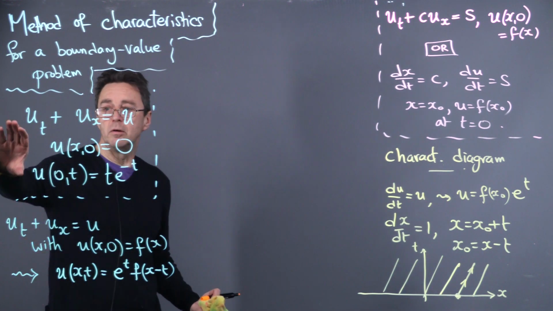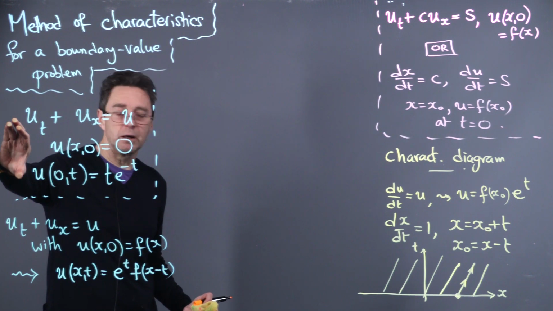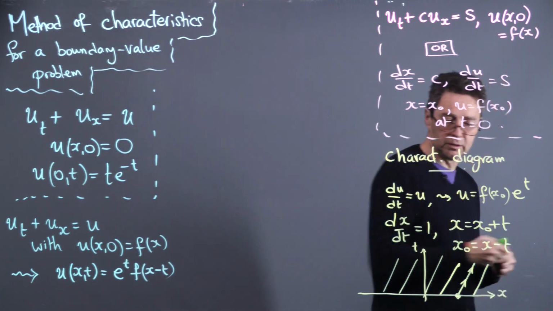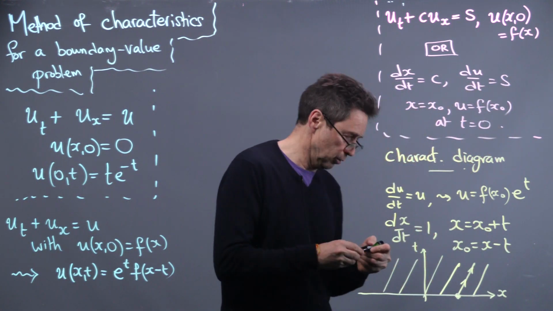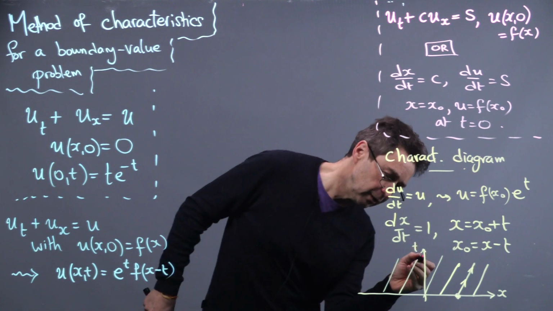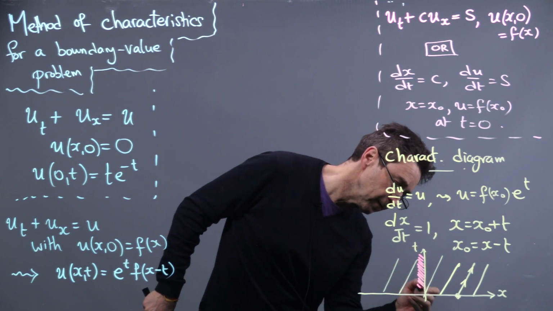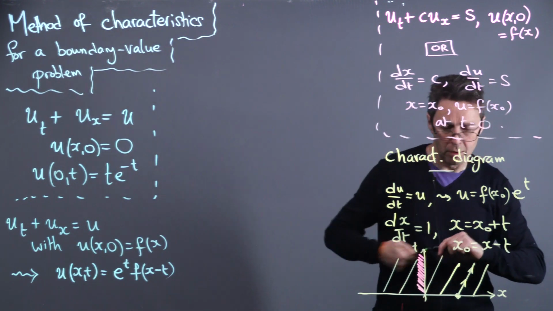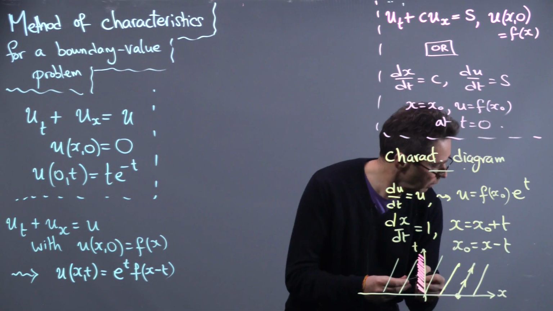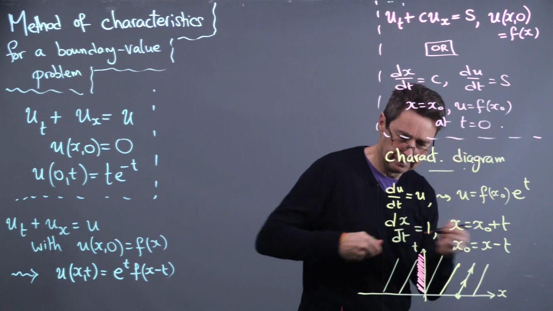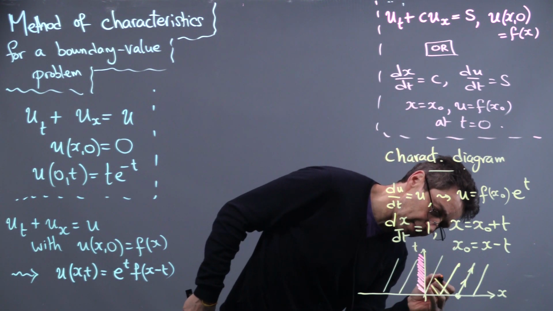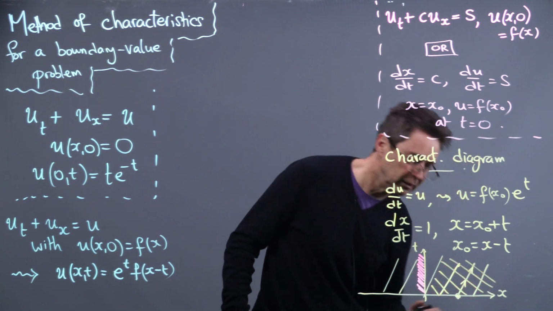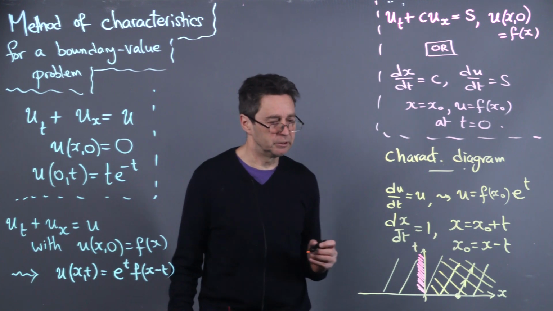Now, what we're actually after is a solution of a boundary value problem in which we don't have the infinite line, but we have a boundary. Put this in pink, that'll look best. We have a boundary here. That means that our characteristic solution that we've just found only applies to the hatched region there.